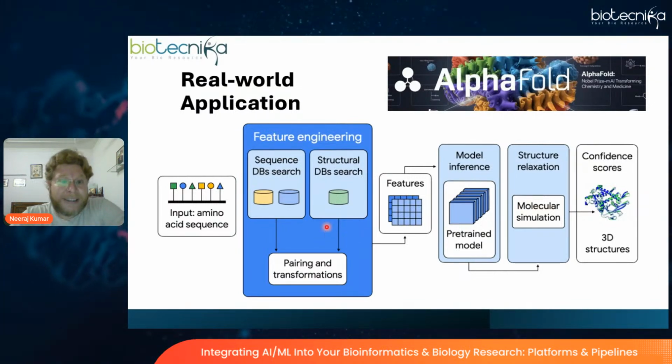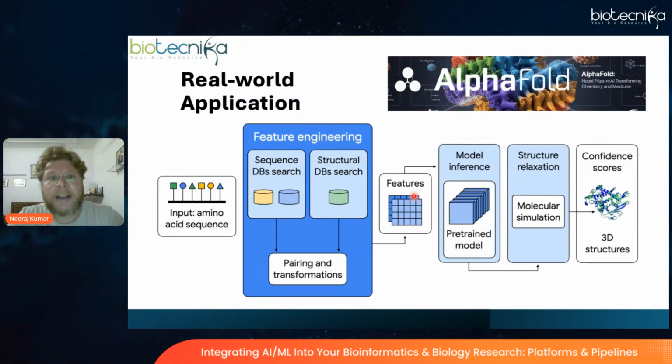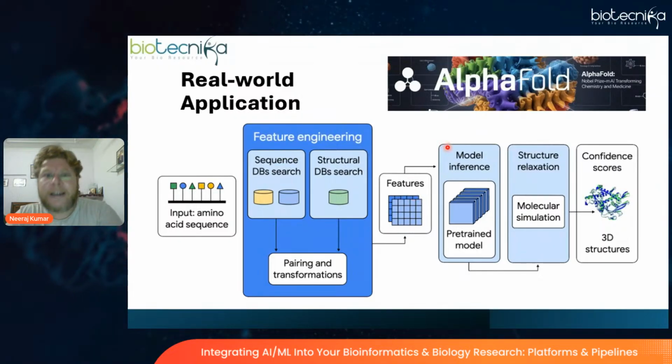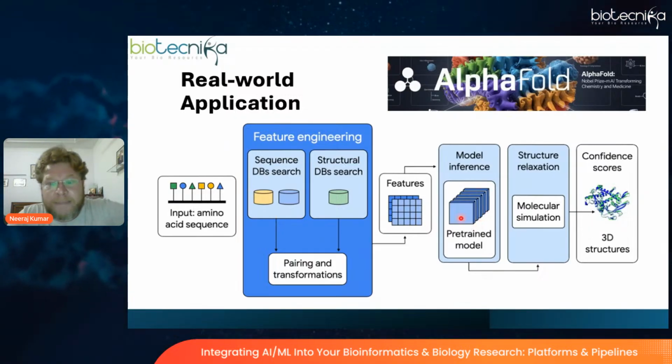So that is how the feature engineering is carried out. Further, these features are extracted and optimized, and then a particular model is pre-trained over those features, and then these pre-trained models try to build the structure.